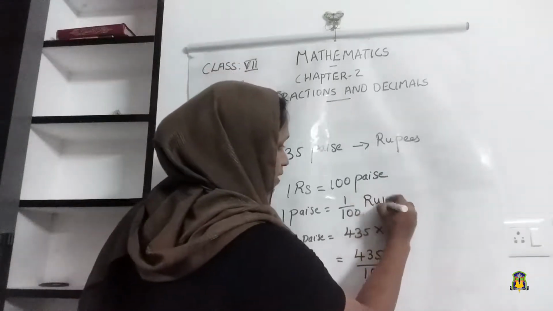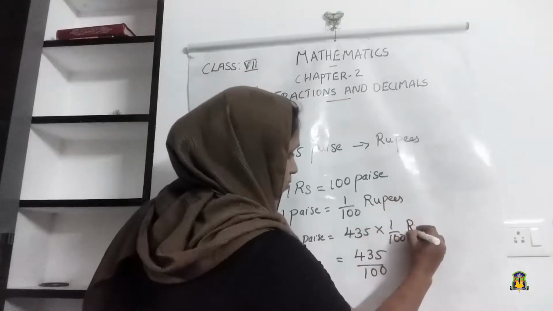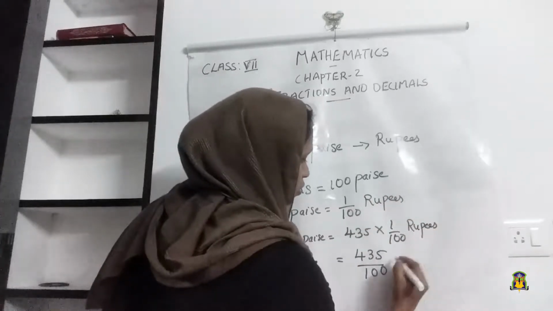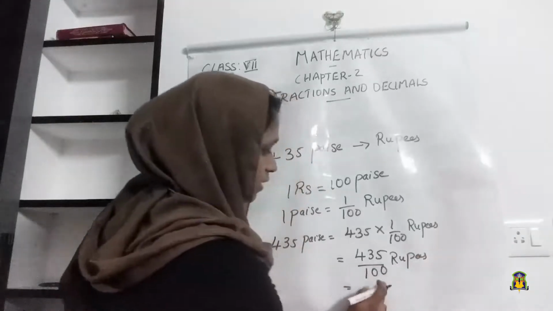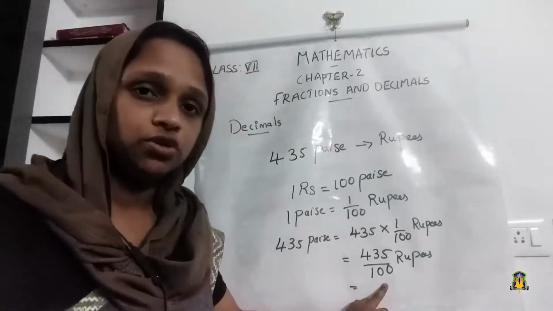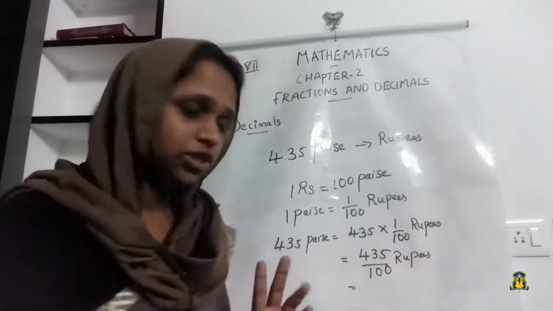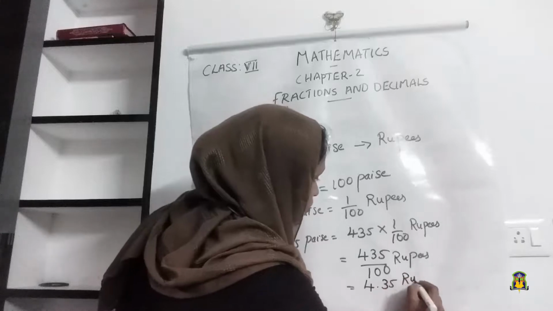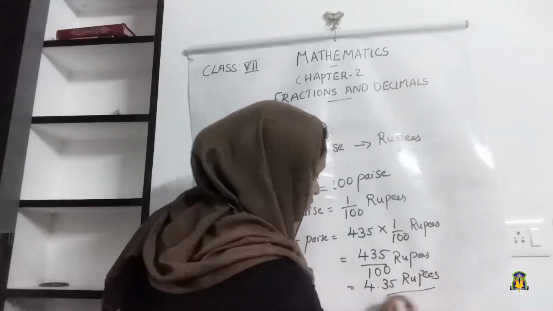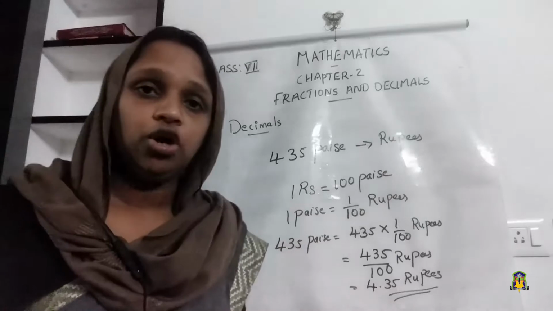So finally, what is our answer? The denominator has 2 zeros, so the point comes after only 2 digits. So 4.35 rupees. This way we convert paise to rupees.